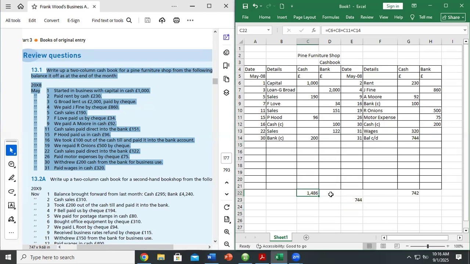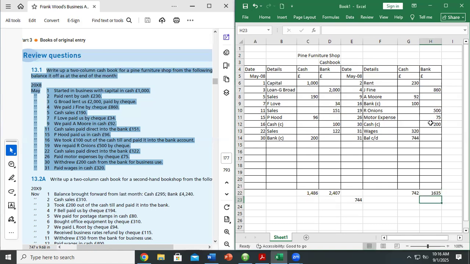So let's check with the bank. The bank, we have a total at the debit side, 2,000 plus 34 plus 151 plus 100 plus 122. That's 2,407. Let's check for the credit side, 860 plus 500 plus 75 plus 2.